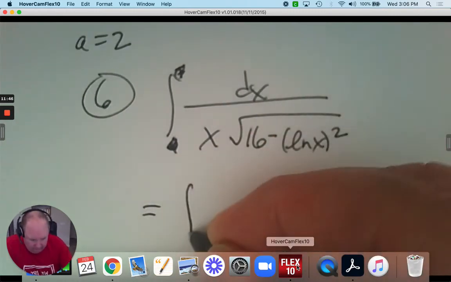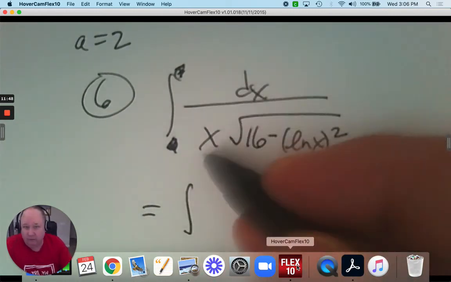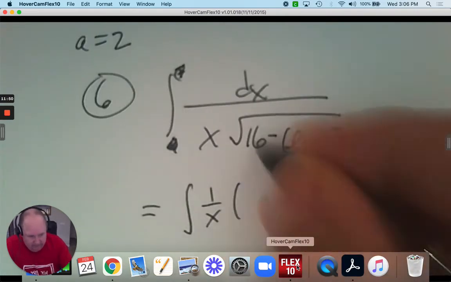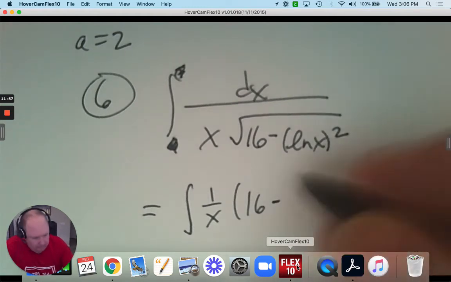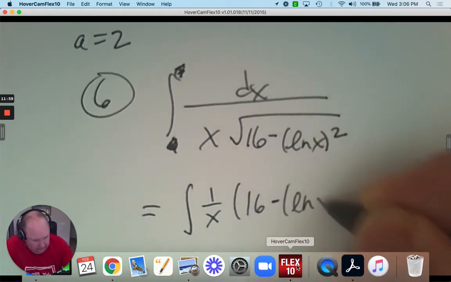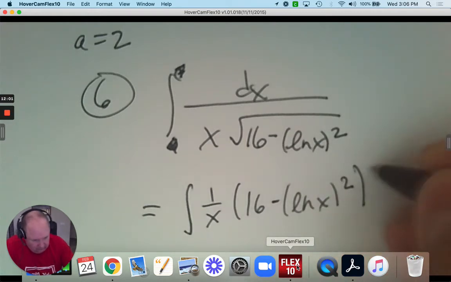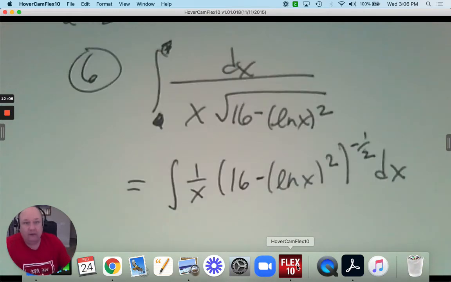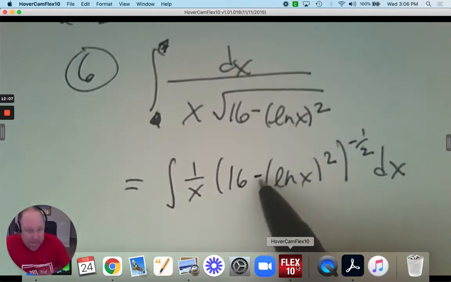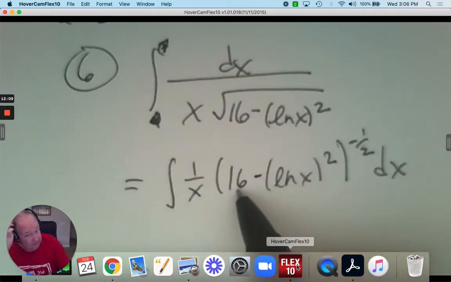So if I write this calculus friendly, I see 1 over x. I see 16 subtract ln x squared to the exponent negative a half dx. Now, the derivative of 16 is 0.